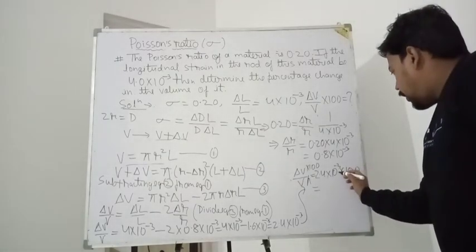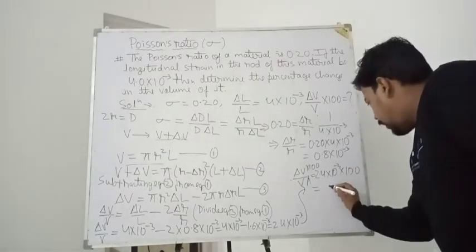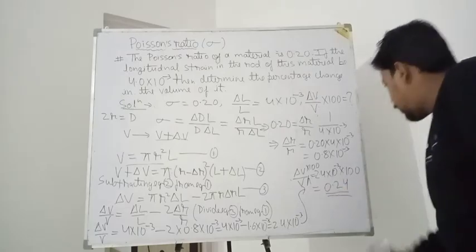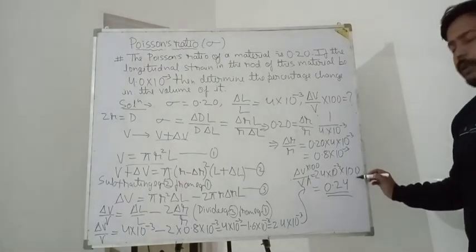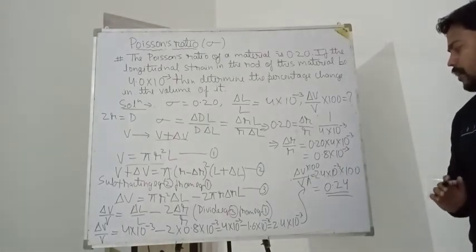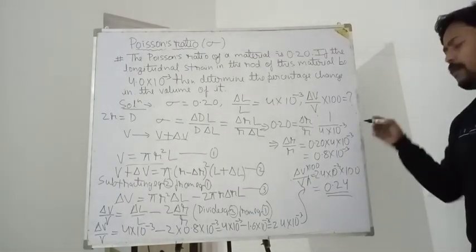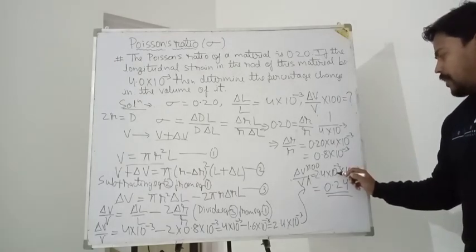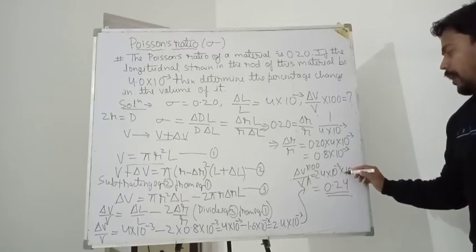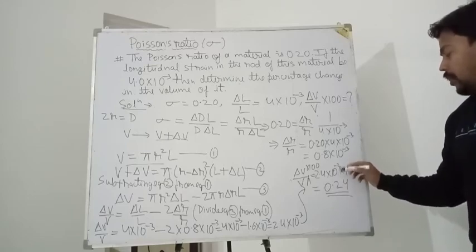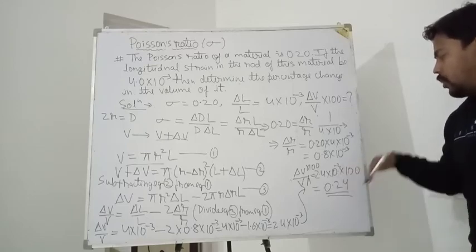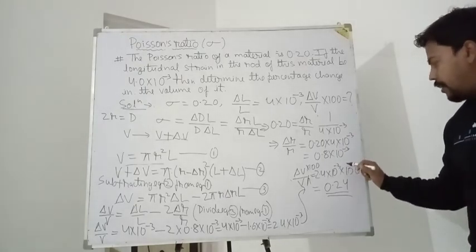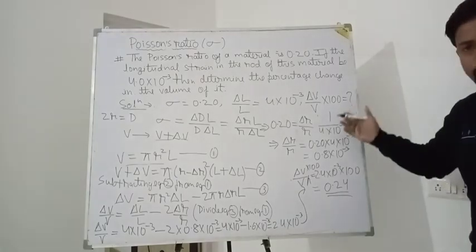This will come out to be 10 to the power 2, and this will be, it will be coming 0.24. Because this is 10 to the power 2, this is 10 to the power minus 3, and the base is same, the powers get added. So 10 to the power 2 and 10 to the power minus 3 will be equal to 10 to the power minus 3 plus 2, and that's why it will be 10 to the power minus 1.